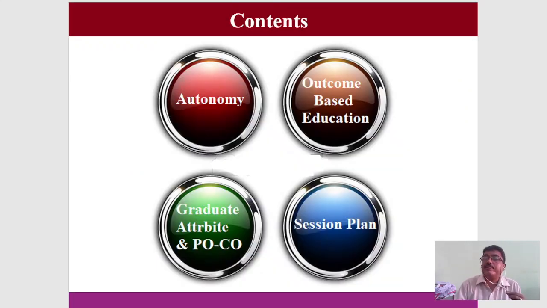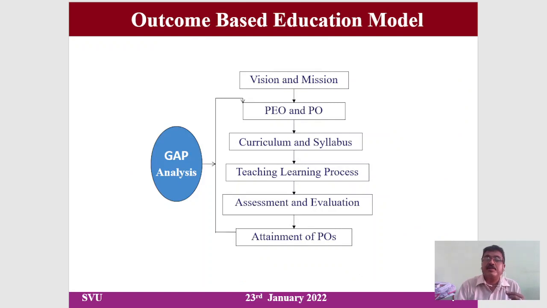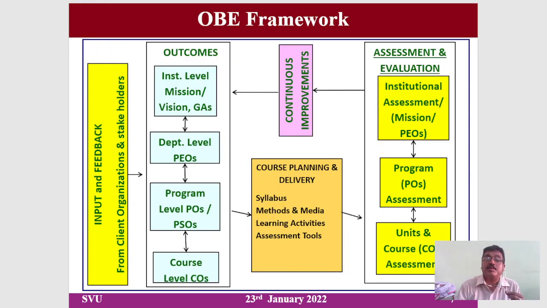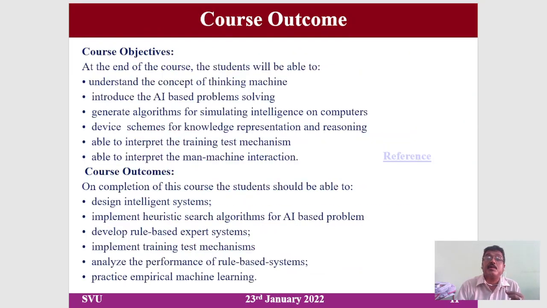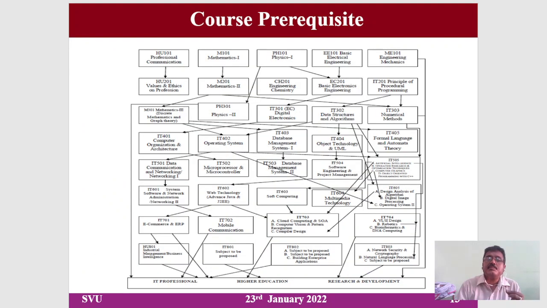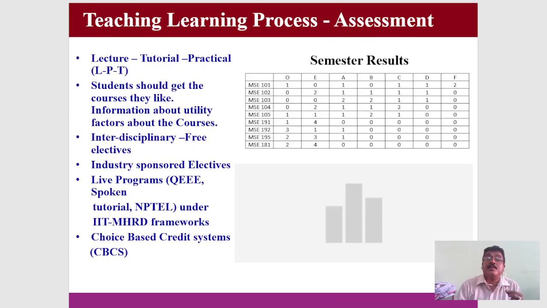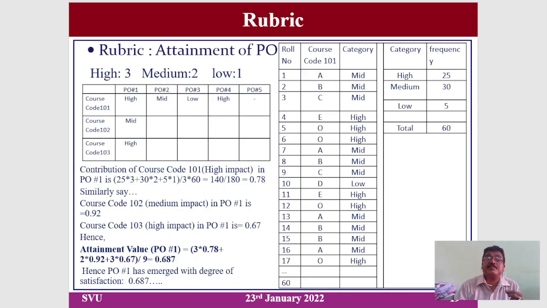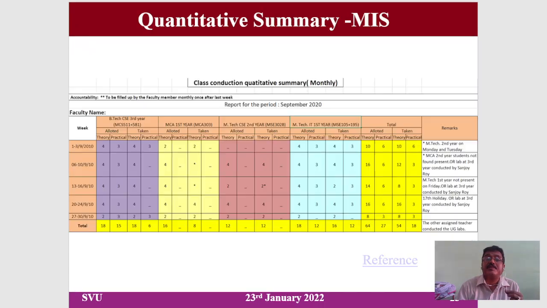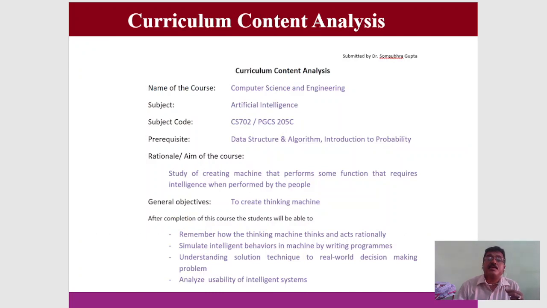Moving to unit plan preparation, the first thing we need to do is curriculum content analysis. In curriculum content analysis, as we can see, we have to identify the name of the course, then the subject that we are going to teach.